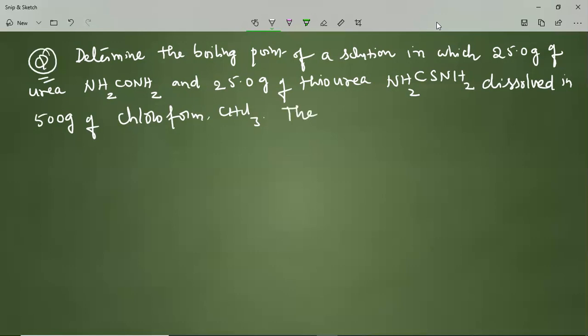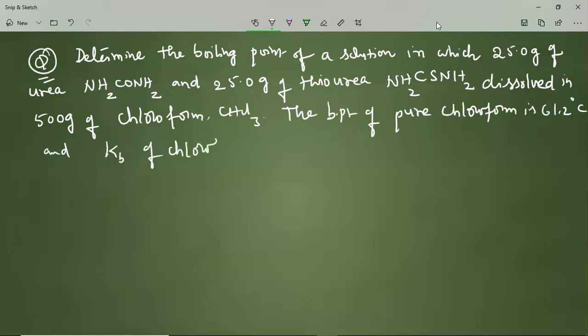Now the boiling point of pure chloroform is given as 61.2 degrees Celsius, and the Kb value of chloroform is given as 3.63 Kelvin per molality.